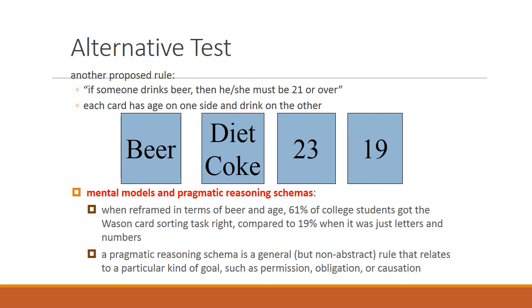So you can see here that 61% of college students got the Wason card sorting task right when the task was framed in these sort of real-world terms, versus only 19% when it's framed in these sort of abstract terms. And the idea here is they're using some sort of pragmatic reasoning schema of what it means to be over 21 and how that relates to what drink someone can drink in order to solve this kind of task.